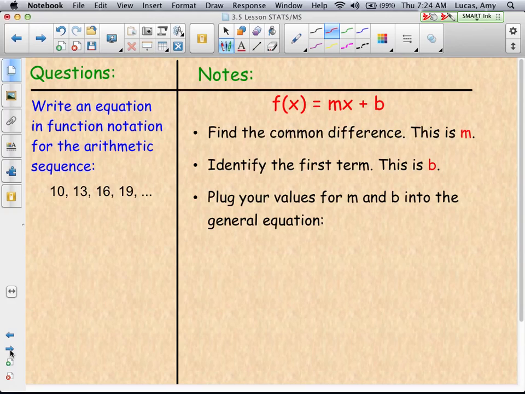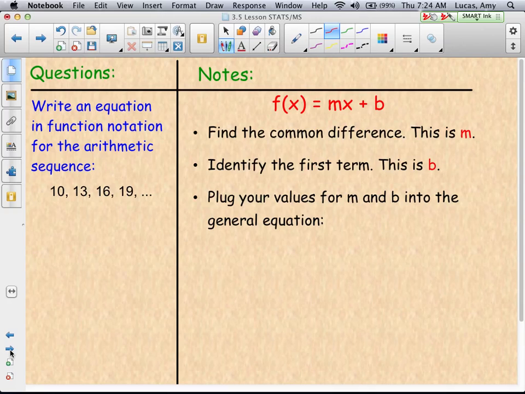Okay, to write an equation in function notation for this arithmetic sequence, on the right-hand side, you see some steps that are very, very important to understand. The general formula is f of x equals mx plus b. The first thing that we need to do with the sequence is find the common difference because this is m.